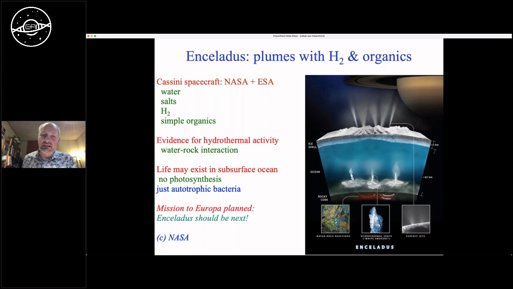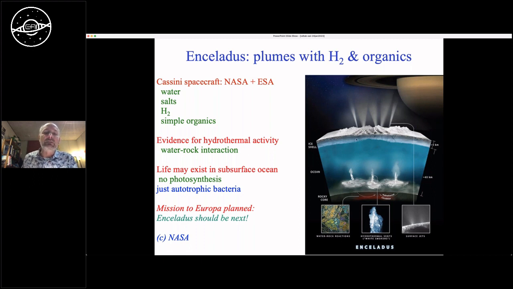So Enceladus, again, is this icy moon of Saturn, where there is this ice layer at the top, then there is this liquid ocean below it, and probably at the bottom of this ocean, there are these sort of volcanoes, right? So hydrothermal activity.